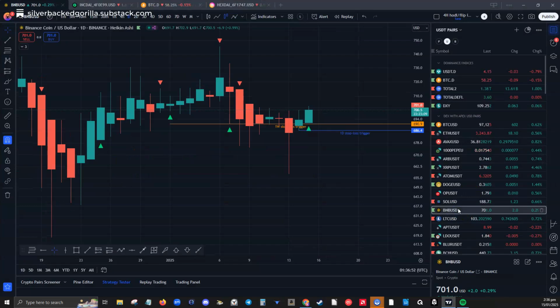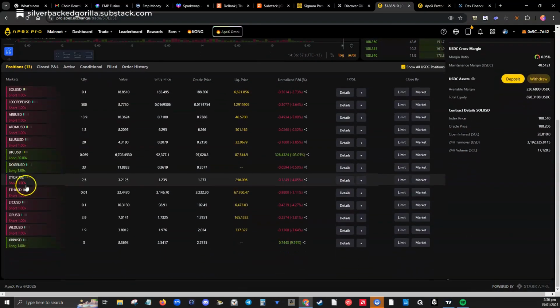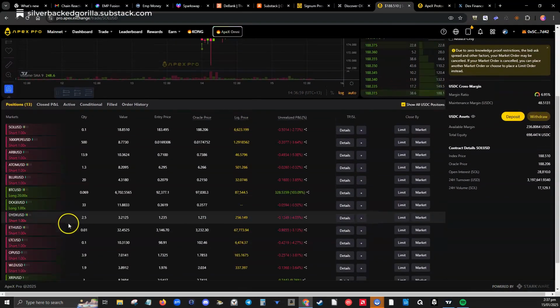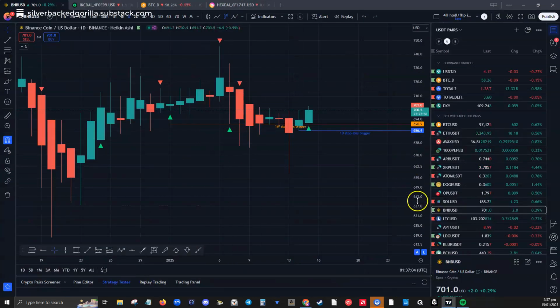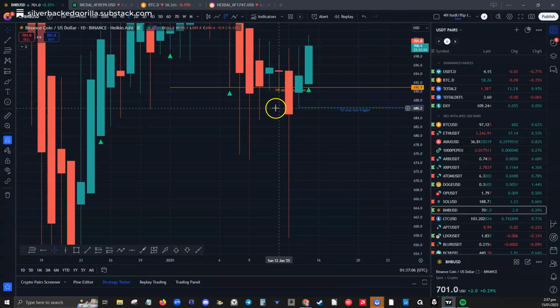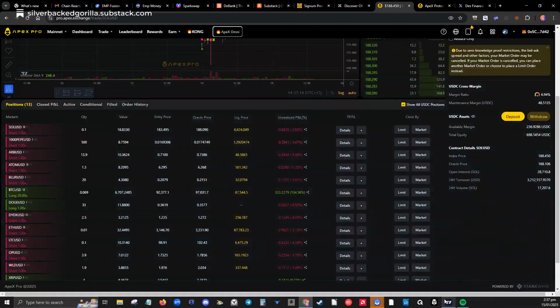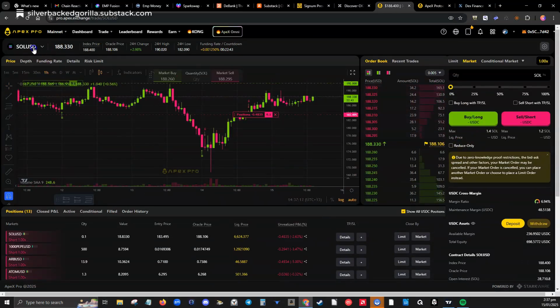BNB is a buy at 686. That's going to be a fresh one, I think. Yeah. So let's grab that off the chart. I want to put the stop loss level there. Copy. So BNB. Let's find the BNB.